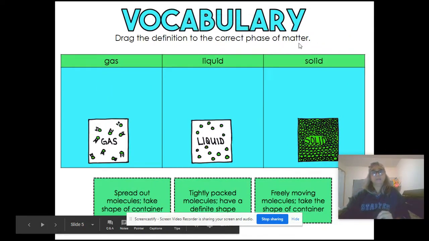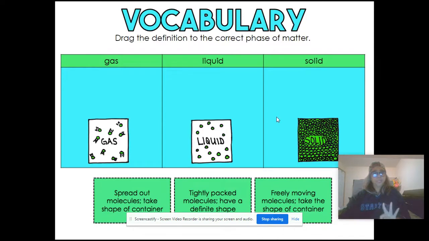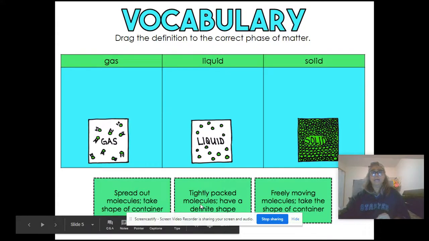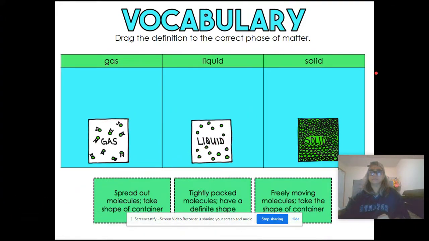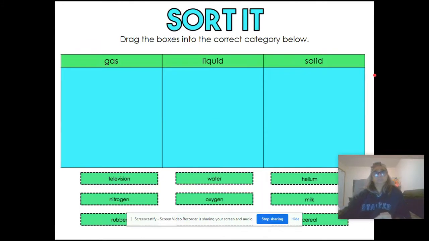On the vocabulary, of course, the three important vocabulary words for this lesson would be solids, liquids, and gas. So tightly packed, where is that? Would that be for solid, liquid, gas? You decide. And then sort it.